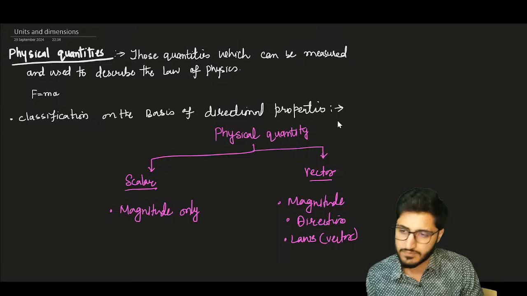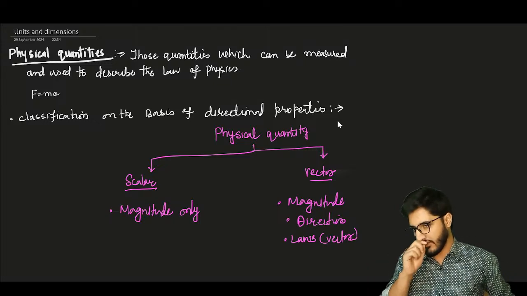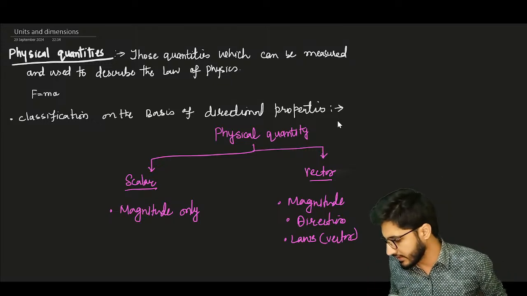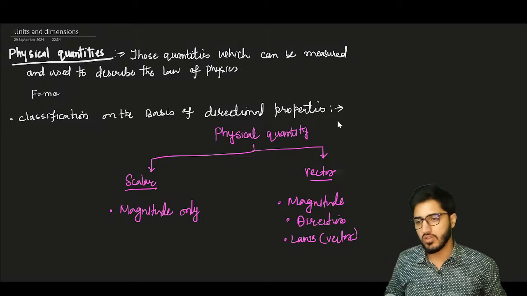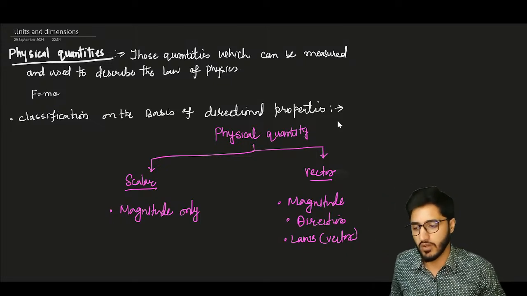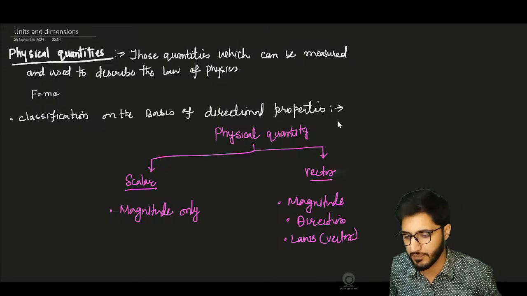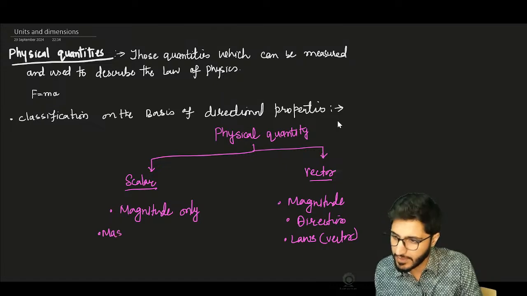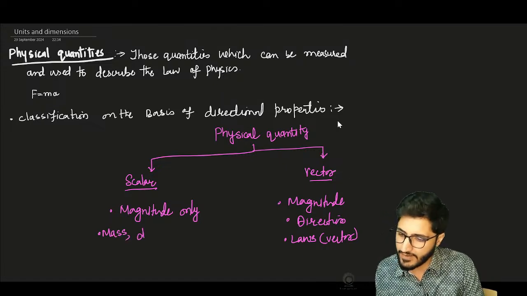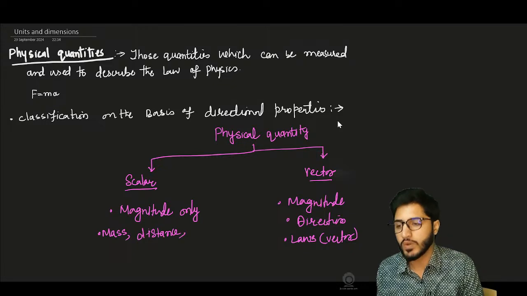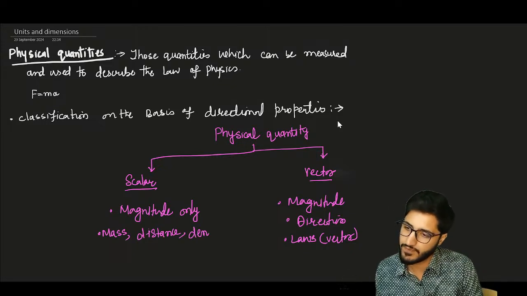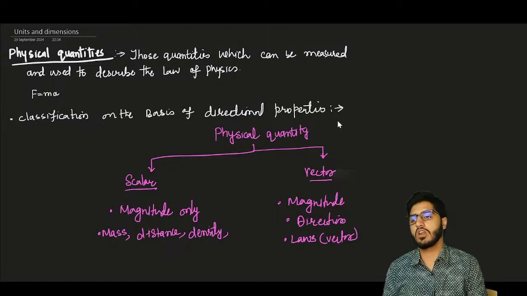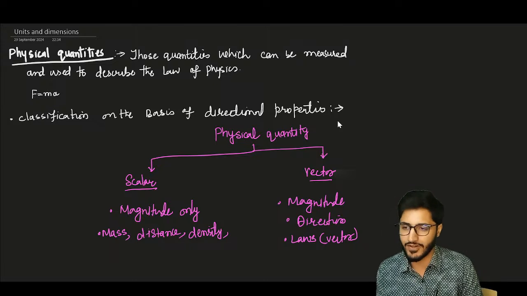Okay, scalar means only magnitude present, vector means magnitude, direction, and laws of vector should be followed. So in scalar we are having mass, distance, density, or current, etc. These all are scalar physical quantities.